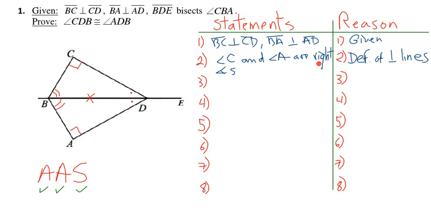So in the next step I can say these two right angles are congruent because there's a theorem that says that. So angle C is congruent to angle A because all right angles are congruent.